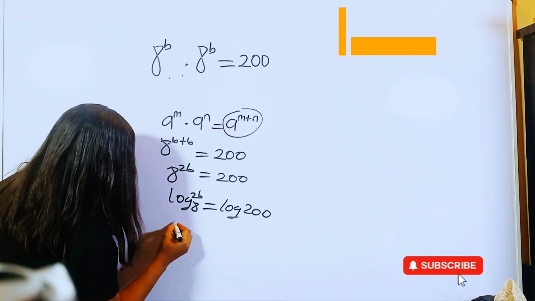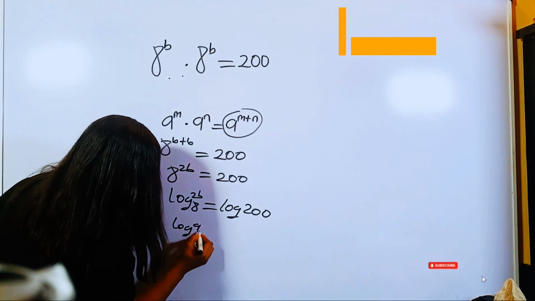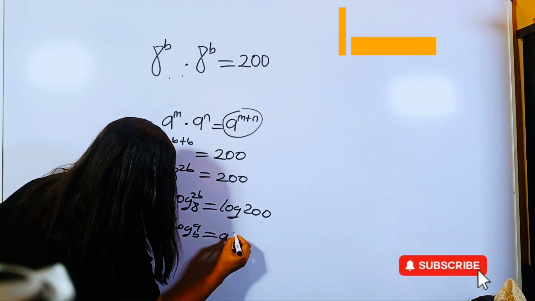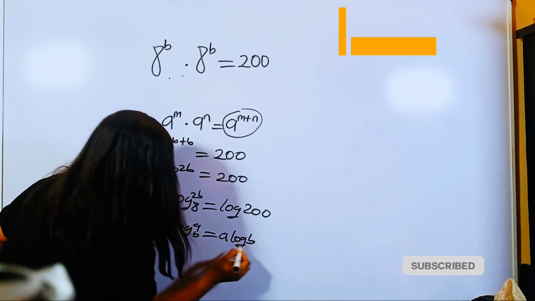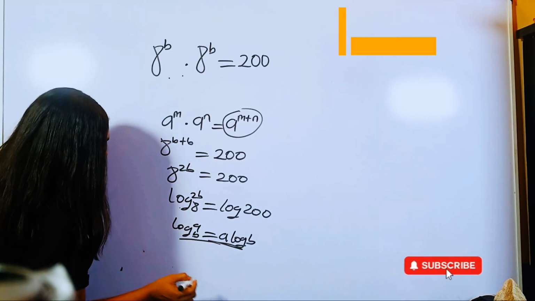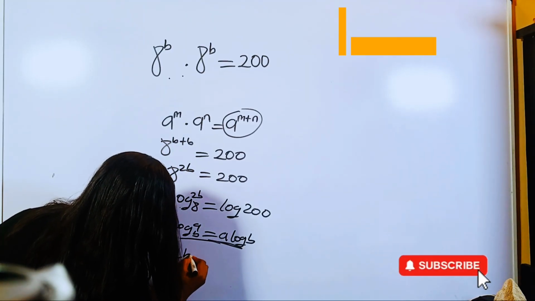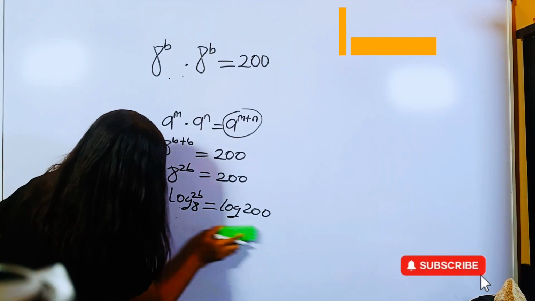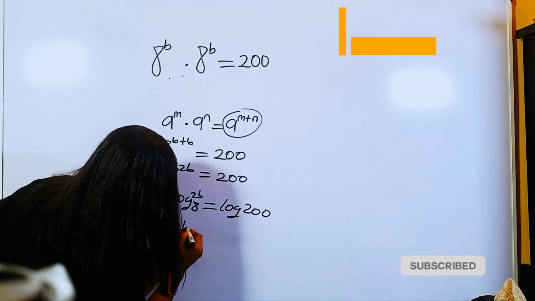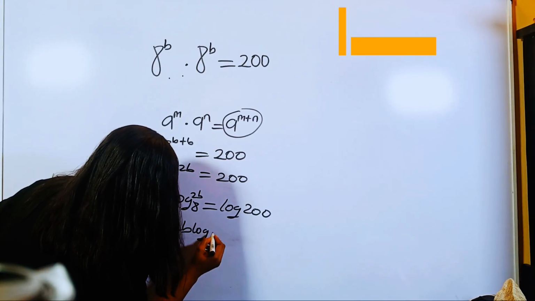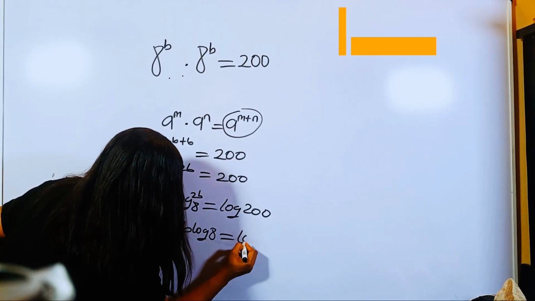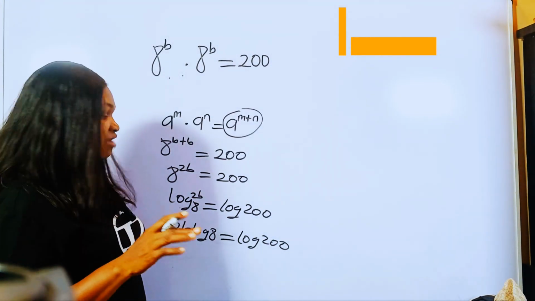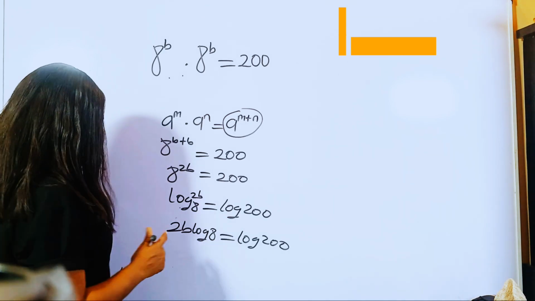Remember the law of log that says log a raised to b is the same thing as b multiplied by log a. If we apply this here, we now have 2b multiplied by log 8 is equal to log 200.